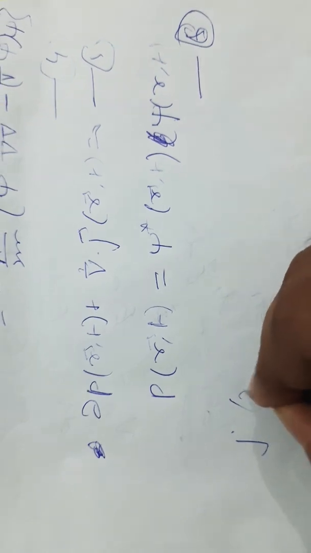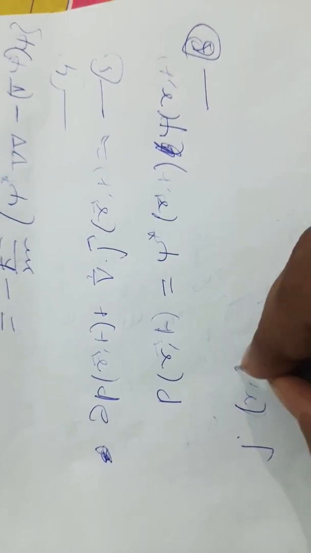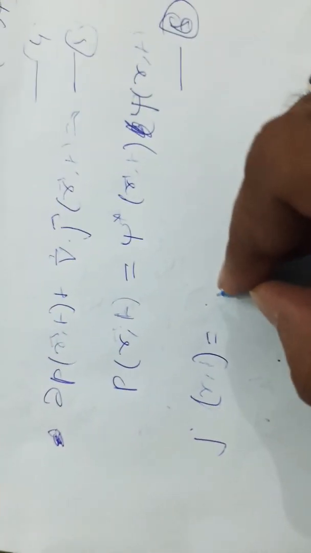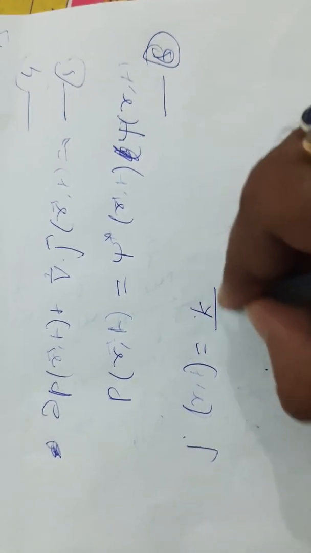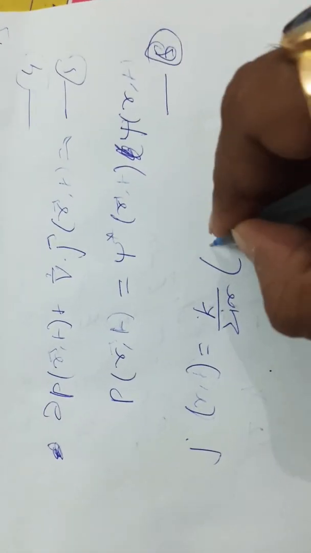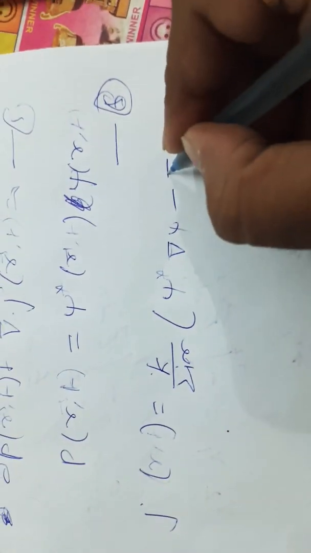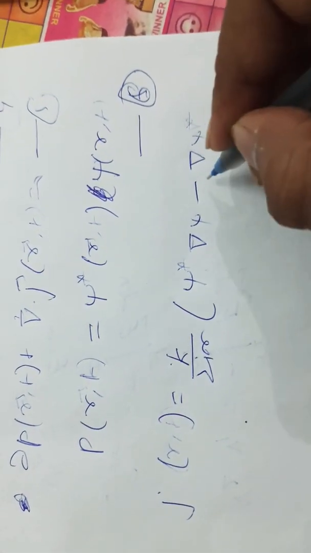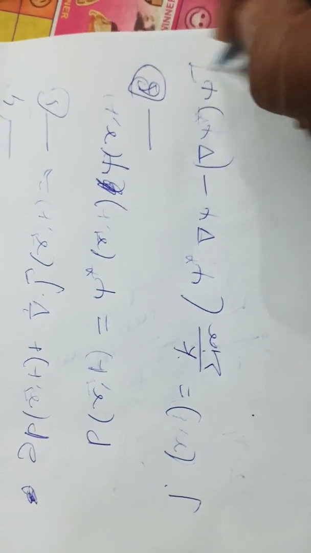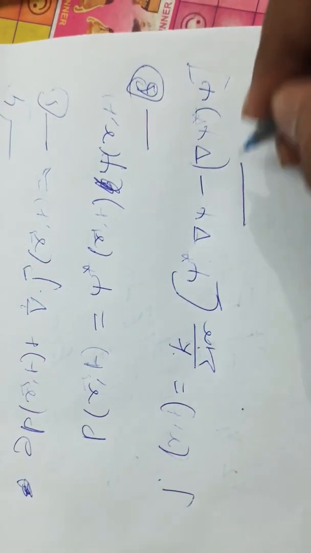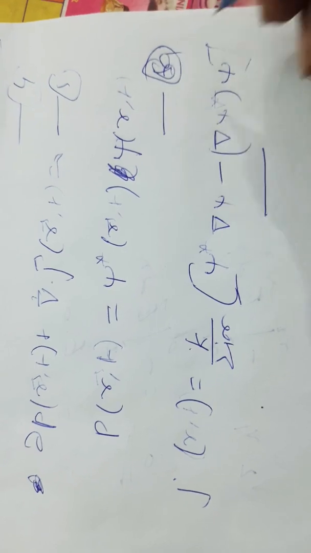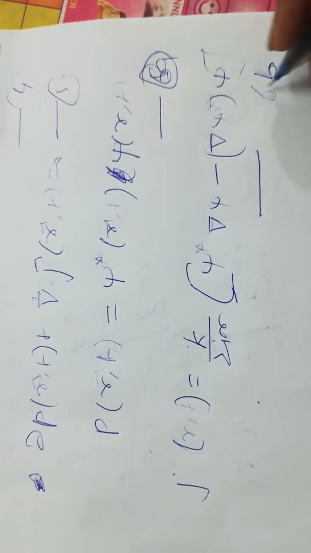Now again J as a function of r comma t may be written as h cross by 2im, psi asterisk del psi minus del psi asterisk into psi. This will be equation 6b.